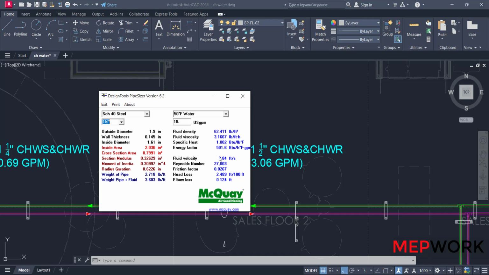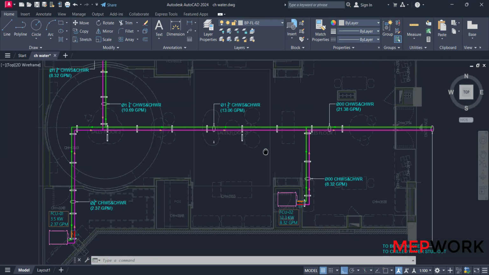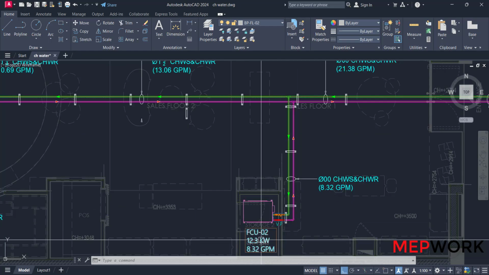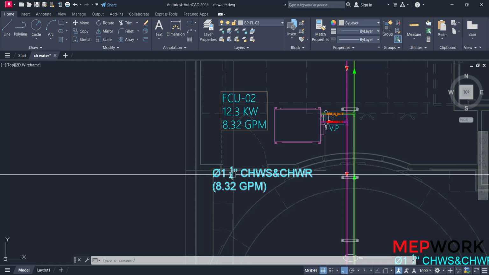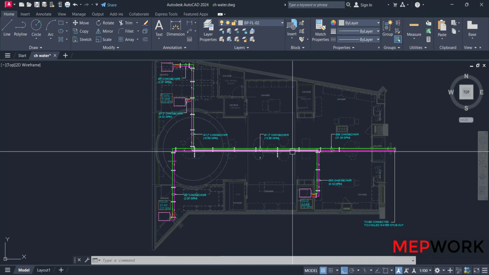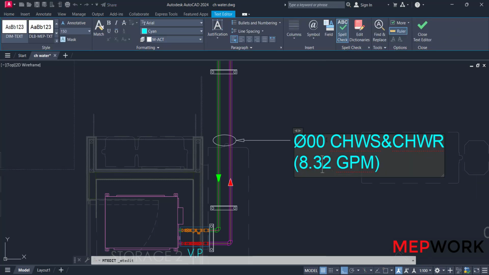It's accepted as it is less than 4 feet per second, and also the pipe size is less than 2 inches. This FCU is the same as this one, so it will have the same size, 1¼ inch.